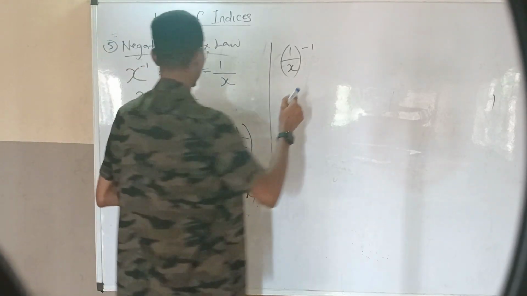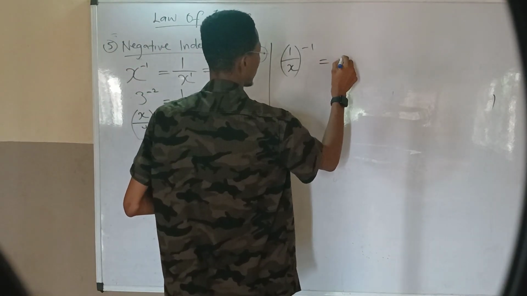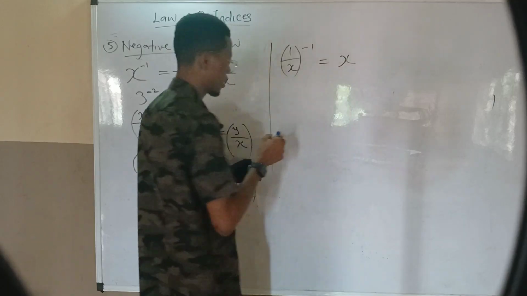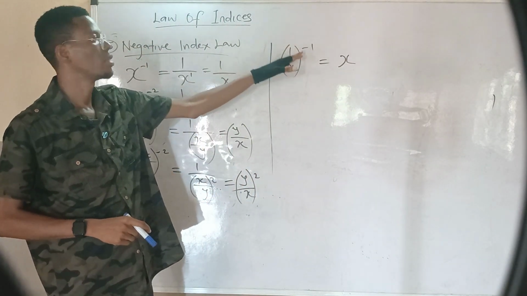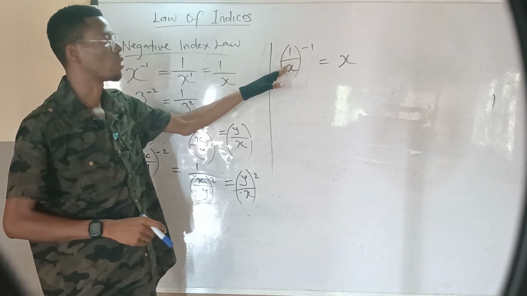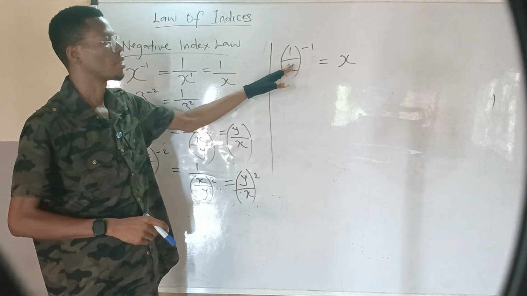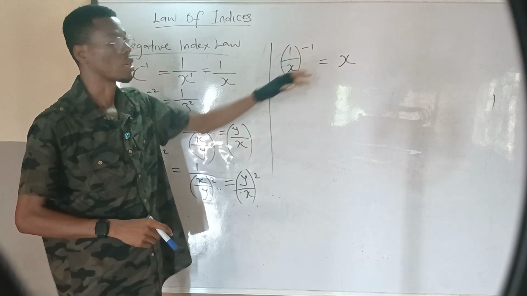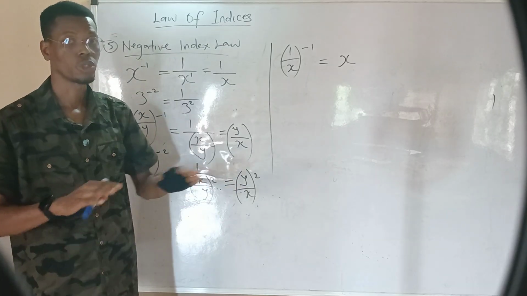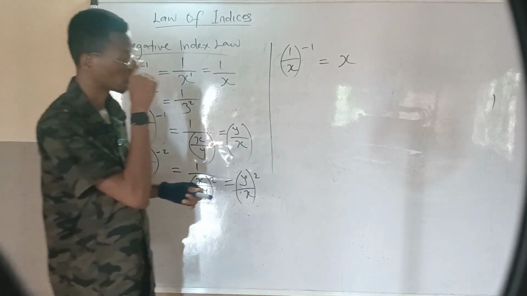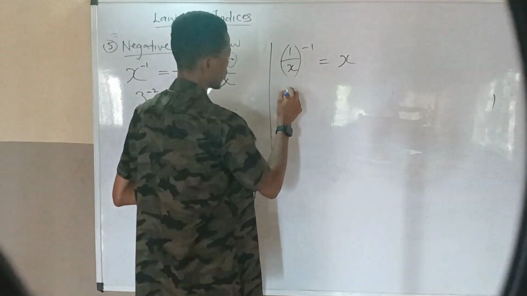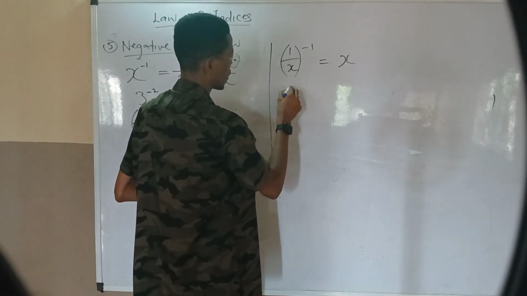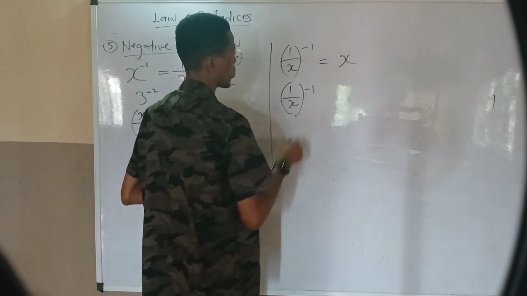What we have as our answer is x. Whenever we have 1 over x raised to the power of minus 1, we have x. How? Let me quickly break it down. Pay attention. We have 1 over x raised to the power of minus 1.